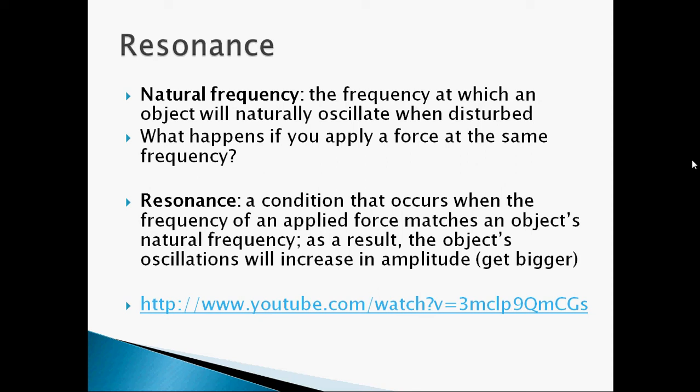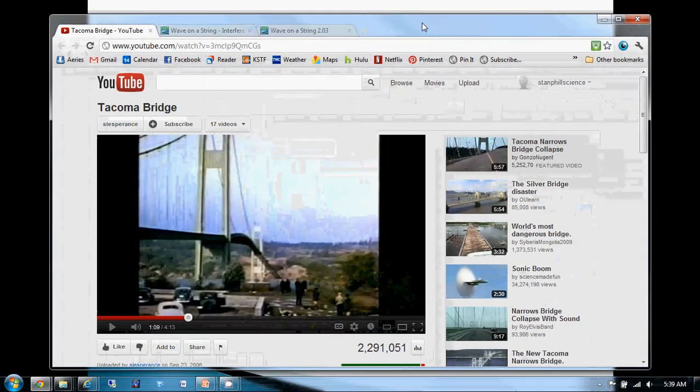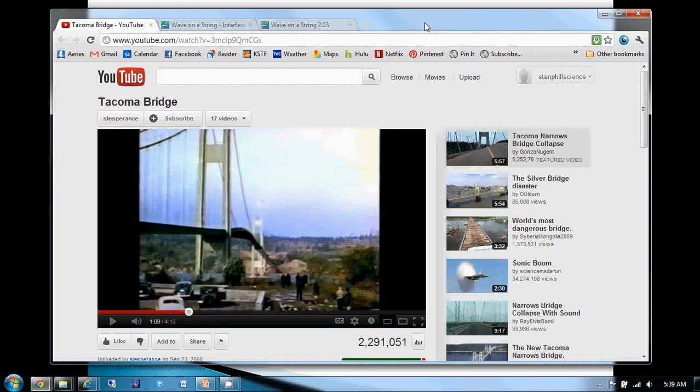Now this can have very interesting results at times. The most classic example is the Tacoma Narrows Bridge situation. What we had here was a very violent, strong wind that was hitting this bridge, and it turned out that the frequency of the oscillations due to this wind perfectly matched the natural frequency of the bridge material itself.